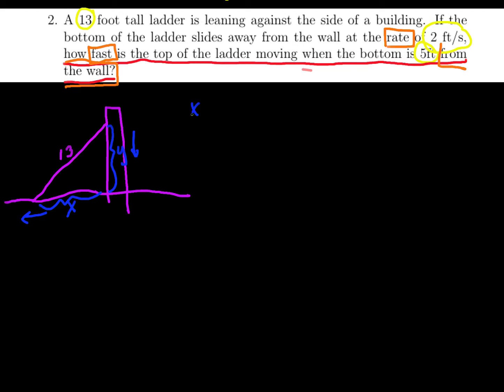x is the distance of the bottom of the ladder from the wall. And y is the same thing, the distance of the top of the ladder from the ground.